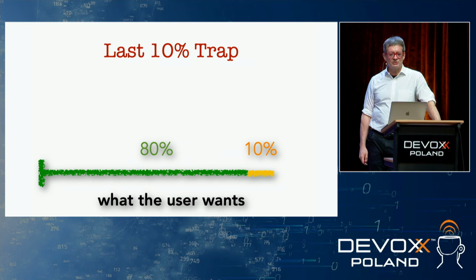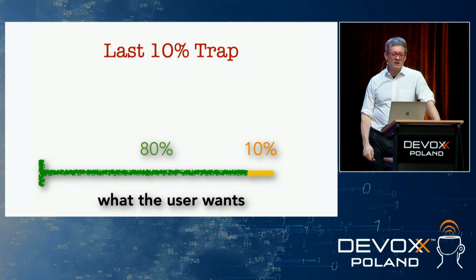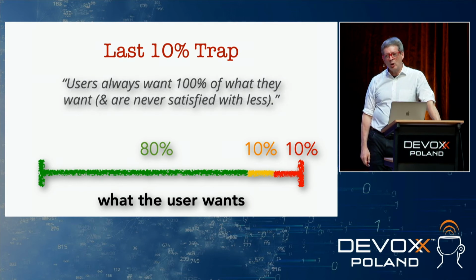The next 10% is possible but difficult. Because now you're trying to do something the tool wasn't really designed to do, but you can kind of bend it and hack it and find a clever workaround and finally get that to work. The problem, though, is that last 10% is impossible. And users always want 100% of what they want, and they're never satisfied with less.